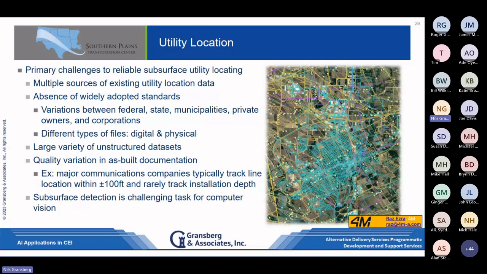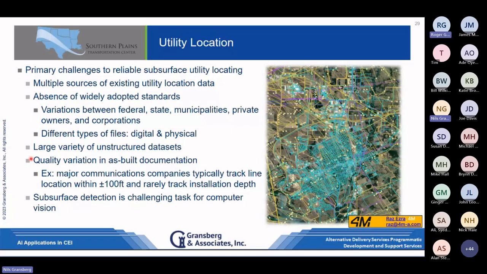Another one is a large variety of unstructured data sets. If you do find data, oftentimes it's not organized, or if it's organized, it's not organized in a uniform manner. Quality variation is probably one of the biggest ones you see here as well. To give an example, take telecom companies. Most telecom companies do not track the depth of any of their lines.